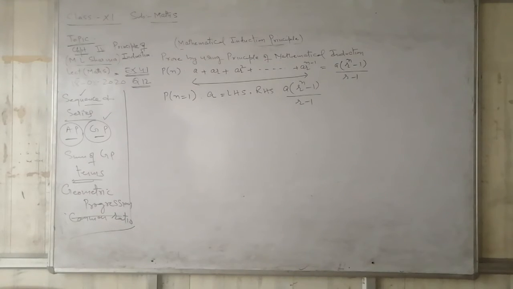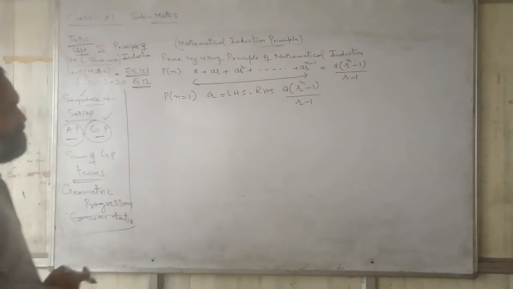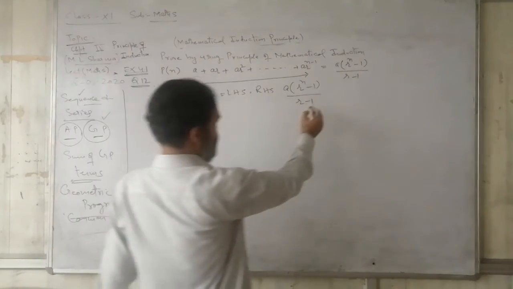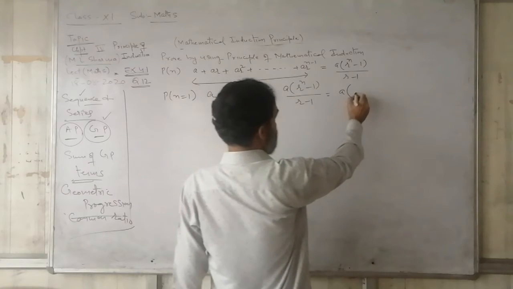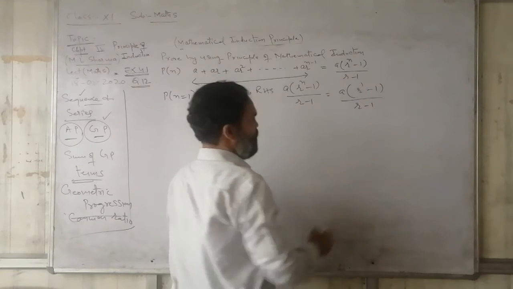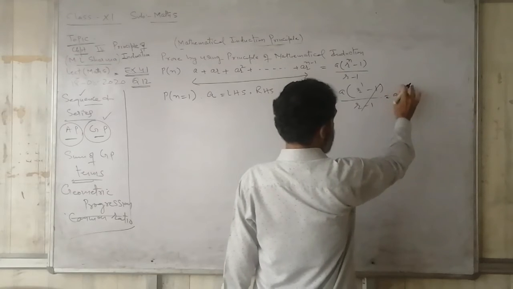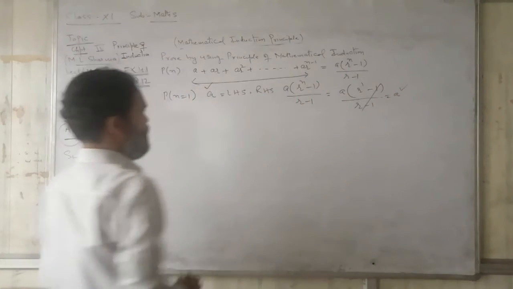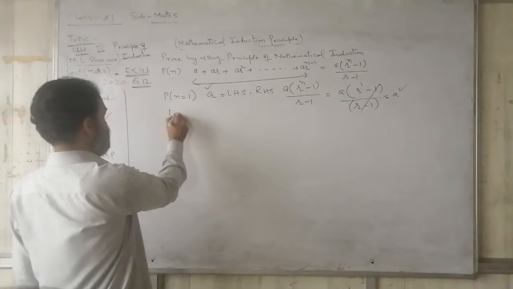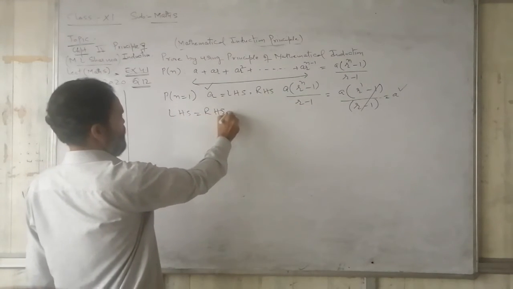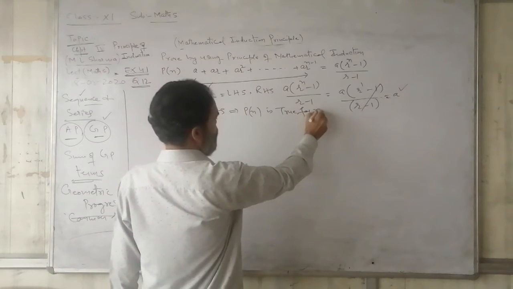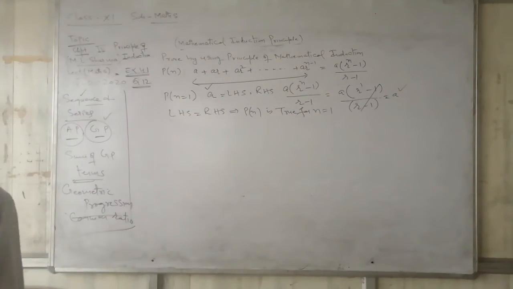So on the right hand side, this is A into R raised to power 1 minus 1 upon R minus 1, which is equal to A. So my left hand side and right hand side are both equal to A. This means this statement is true for n equal to 1. So the first step is clear.